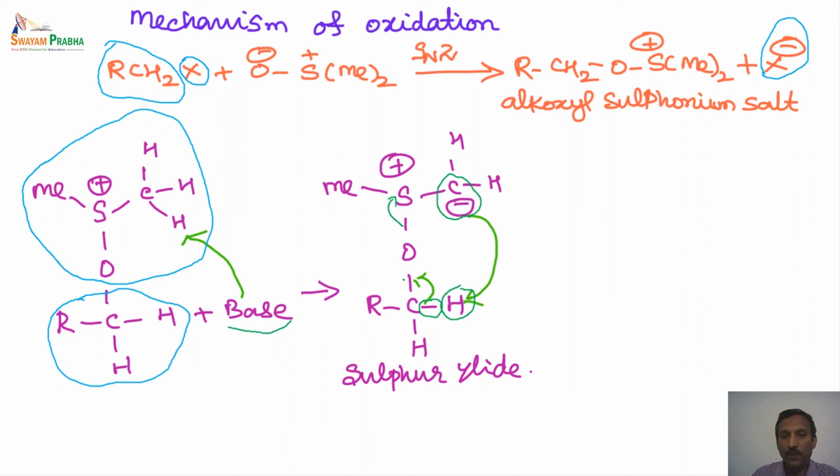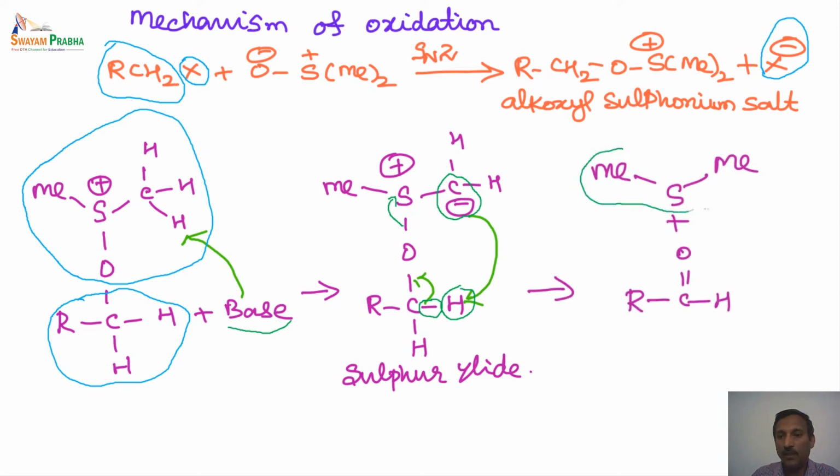And when this type of electron movement happens, what we end up with is a dimethyl sulfide. The electrons of this CH bond are shifted between carbon and oxygen, so that is how we get the C double bond O here. So this is how the whole reaction proceeds, and the X here is the leaving group.